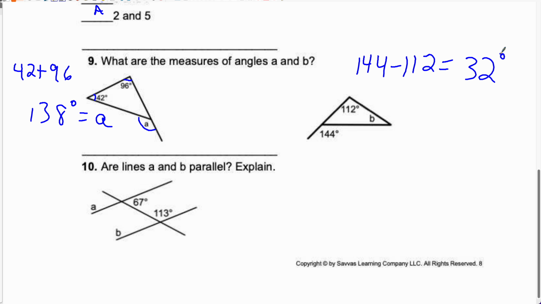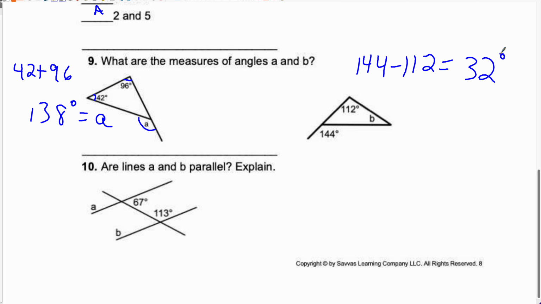You only have two choices. They're either congruent or supplementary. So which are they supposed to be? Are they congruent? You know they're not congruent. They're not even close. So that can't be the one we're looking for. So what are they supposed to be?